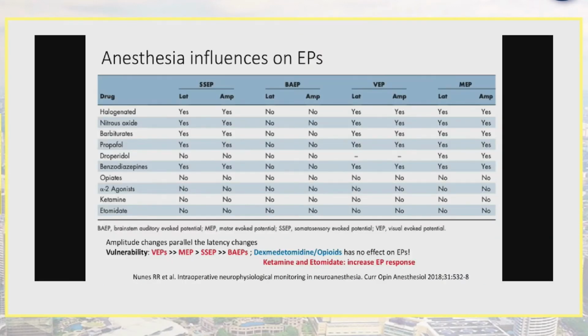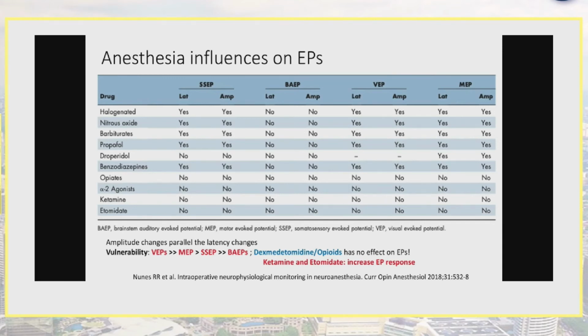This is a summary. You can see all the drugs that we use in our practice, and their influence on the evoked potential. As we can see, the amplitude changes parallel to the latency change. The most variable, as I mentioned before, is visual evoked potential, followed by motor evoked potential, then SSEP and brainstem auditory. Brainstem auditory is very resistant, so it can be used with either inhalational or IV agents.